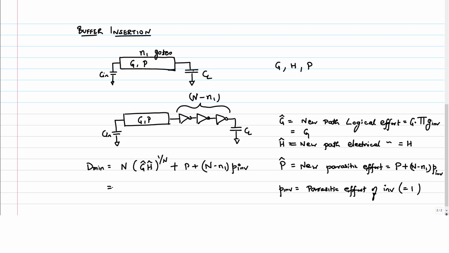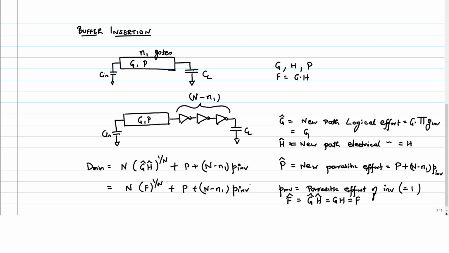Of course, we know that this is nothing but N into f power 1 by N. So if f is equal to g into h for the old circuit, then f hat, which is g hat into h hat, is also equal to gh, which is equal to f. That doesn't change. So, N into f power 1 by N plus P plus N minus n1 into P inv.